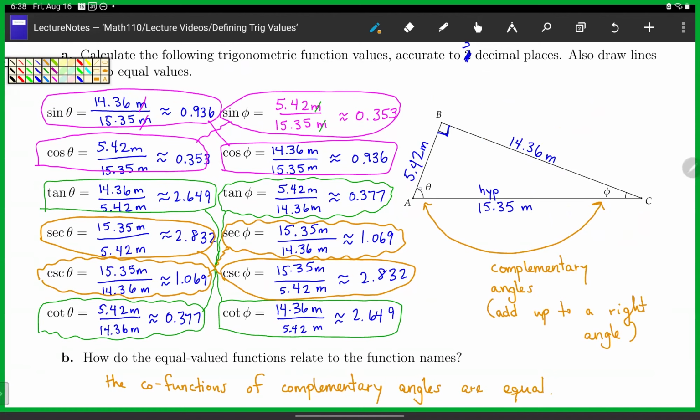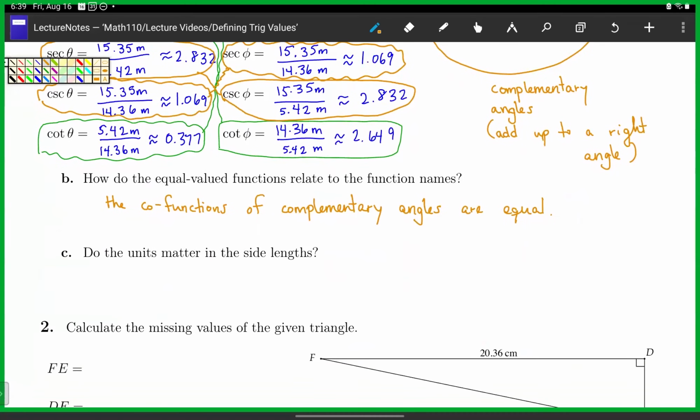And if I was to scale this triangle up by 1,000 times so that the units were in kilometers instead of meters, the general shape of this triangle would be exactly the same, and so the ratios of side lengths would not change. And so this is how we are able to define the sine of the angle theta, and it doesn't matter how big the triangle is. So no, the units don't actually matter in the side lengths.